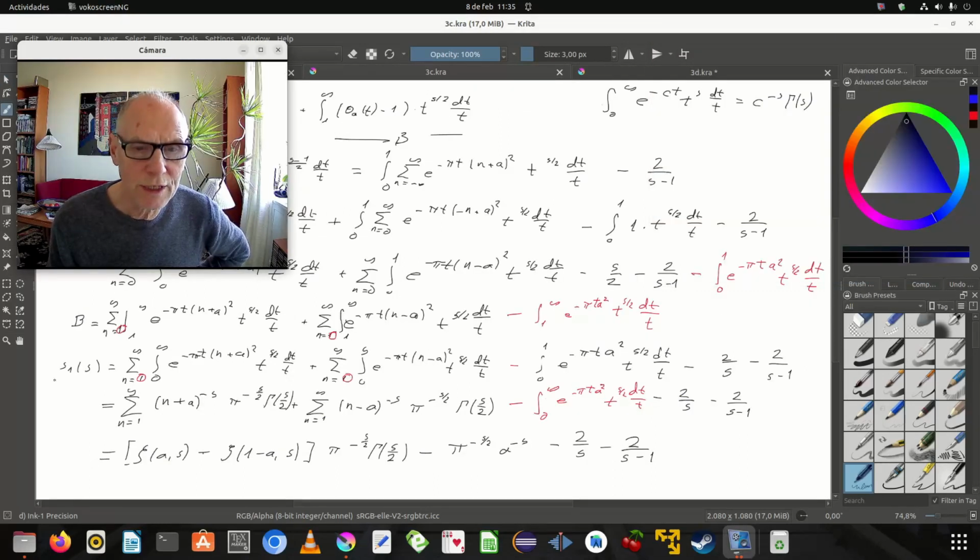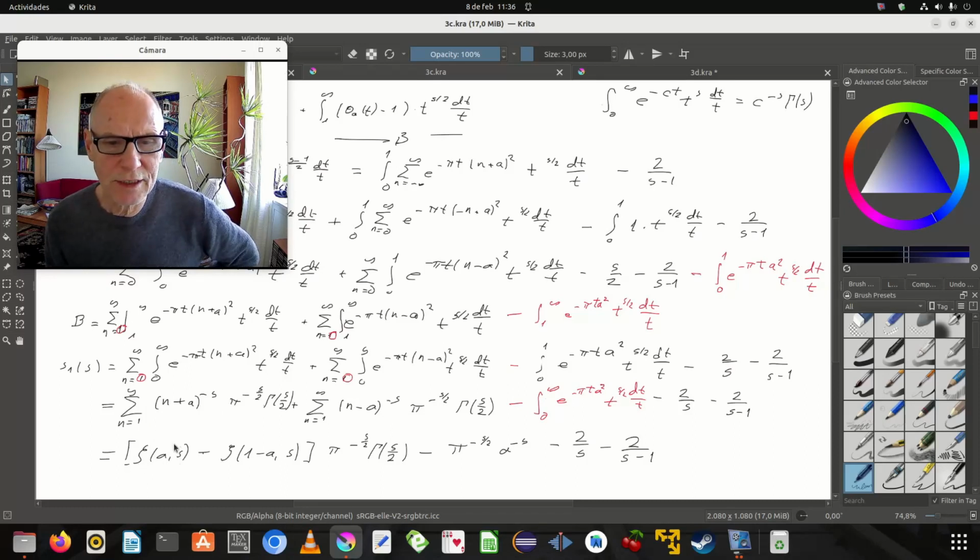We compute the integral from naught to infinity, and that gives pi to minus s halves gamma of s halves times this sum, which is exactly zeta of s and zeta of 1 minus s here. No, 1 minus s.